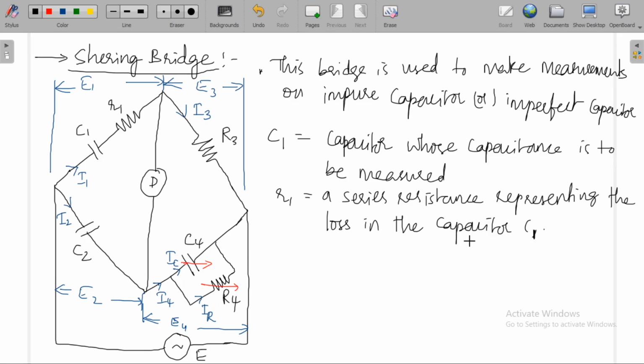Coming to C2. C2 is a standard capacitor, and it is a pure capacitor, as it has no dielectric loss. Pure capacitor means we use an air or gas capacitor.